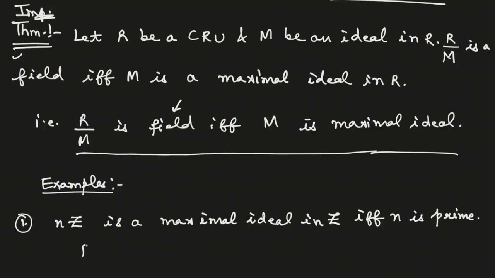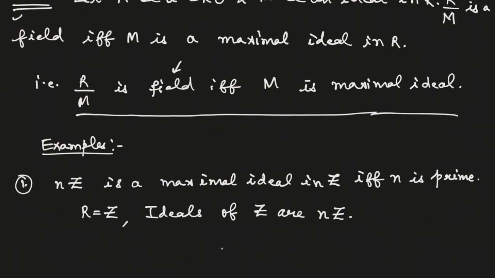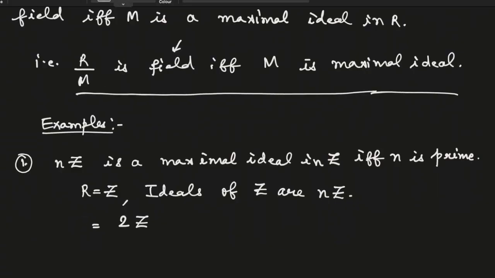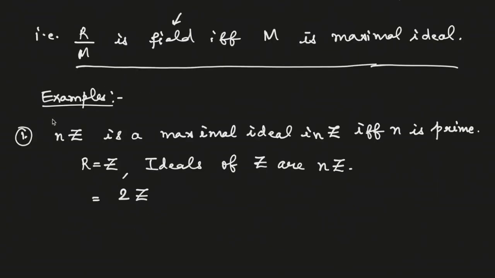For example, here ring R is the set of integers and we know that ideals of Z are of NZ type. So if I take J as 2Z, then it was like this.